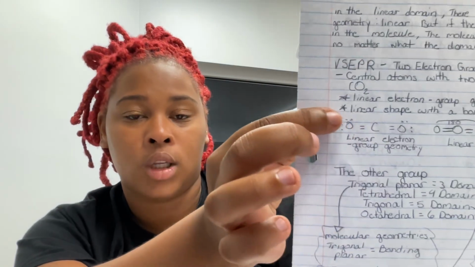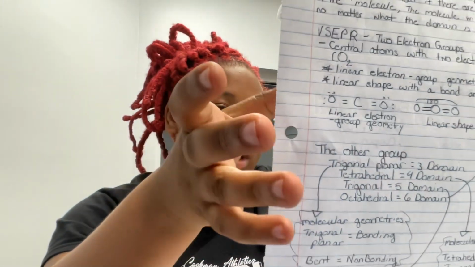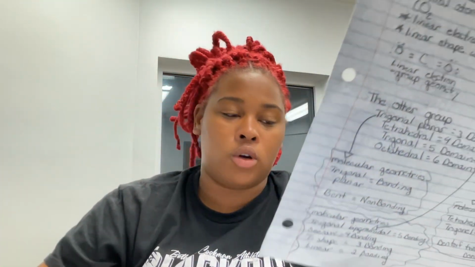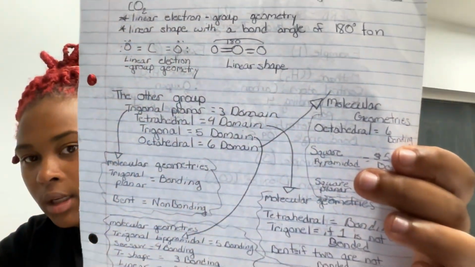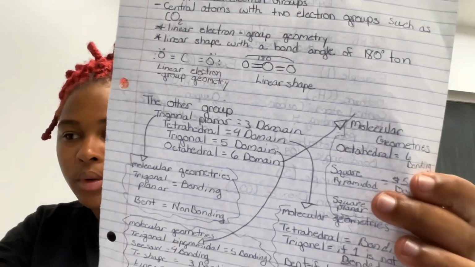Now the linear electron is one group, and then the shape is what bonds the angle. So there is a difference between those two right there. And that's mainly what you will need for those. You just mainly have to know what type of bond it is and what shape it is for that one.